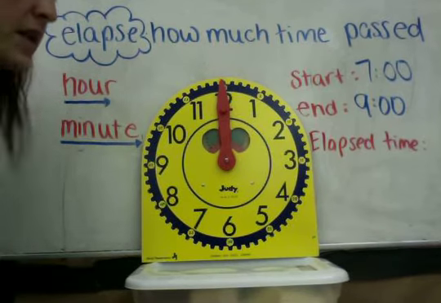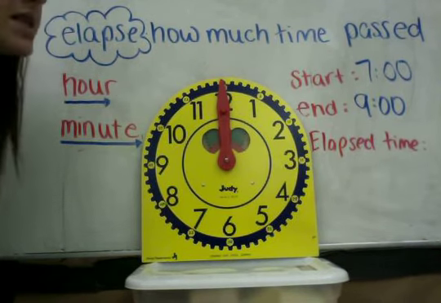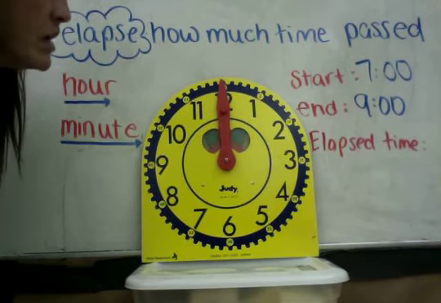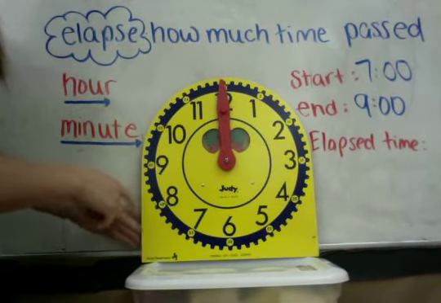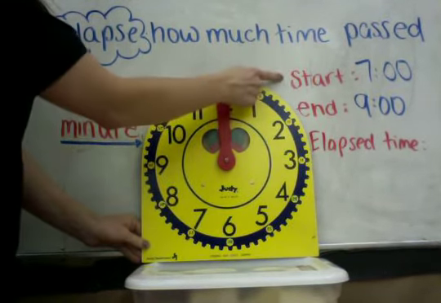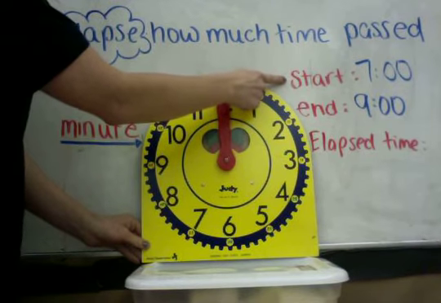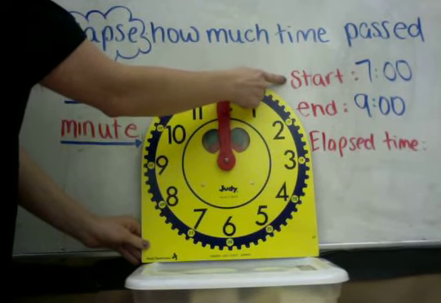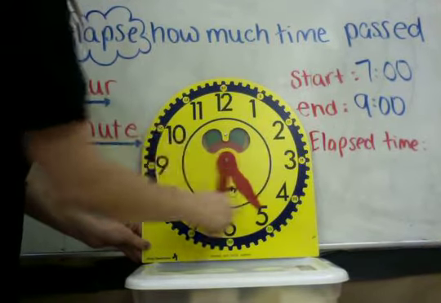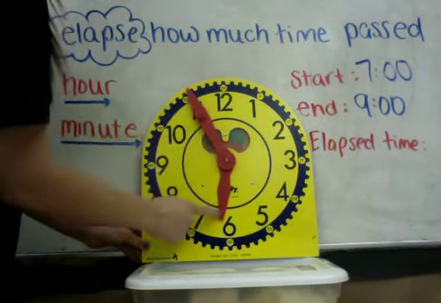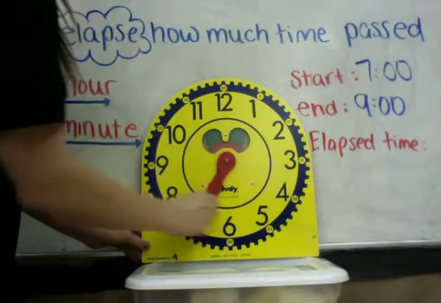Now, some of us can easily count up to see how many hours will pass during his game. But for us that are like Miss Baker and we need a visual, this clock will help us do that. So what I'm going to do first is set my clock to the time that his game begins, which is 7 o'clock. So I know that I need to put my hour hand, which is my short hand, on the 7.